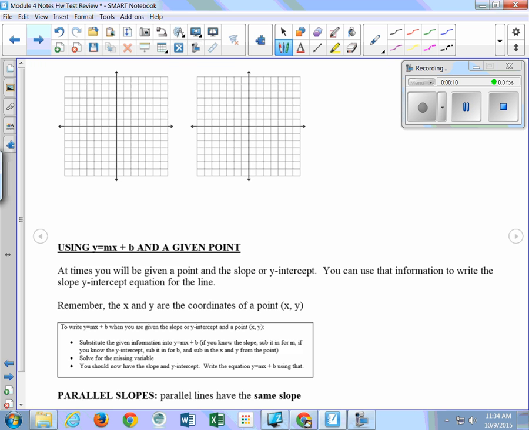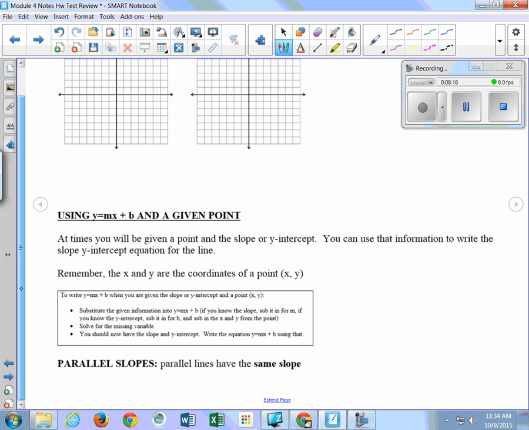All right, moving on. We'll go to using y equals mx plus b and a given point. At times you'll be given a point and the slope or y-intercept. You can use that information to write the slope y-intercept equation for the line. Remember, the x and y are the coordinates of the point. So it's just a step, right? To write y equals mx plus b, you're given a slope or y-intercept and a point xy.